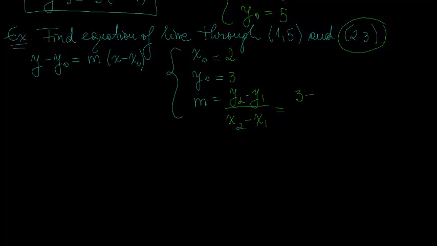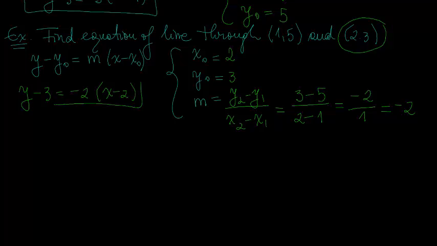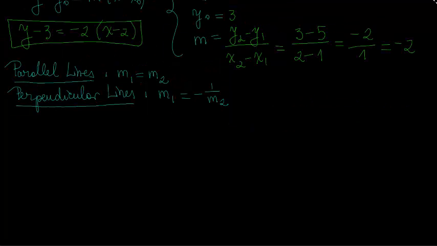So we're going to have 3 minus 5 over 2 minus 1. And that gives me -2 over 1, so the slope is -2. So put together, we obtain y minus 3 is -2 times x minus 2, and this is the equation of the line in point slope form.